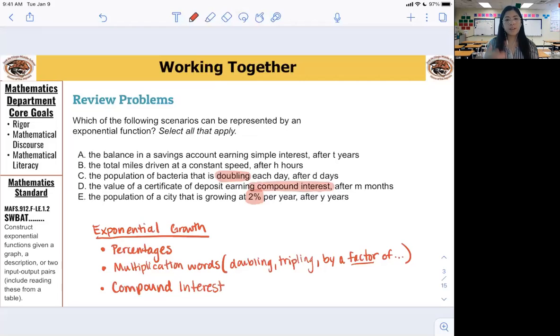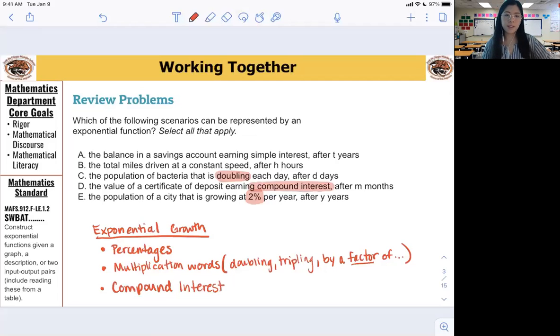After a year, it's going to grow a little bit. They're going to add maybe a couple more dollars to your account. Another year passes by, they put a little bit more money in your account. And that's why savings accounts are really helpful, because you end up with more than what you started with. And that's what compound interest is. That just means that your money is growing.